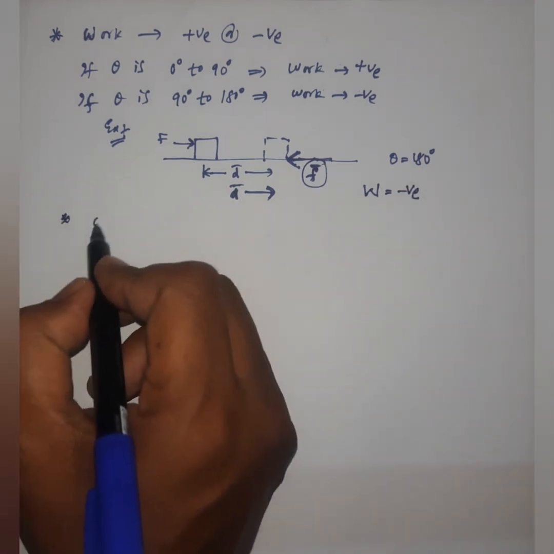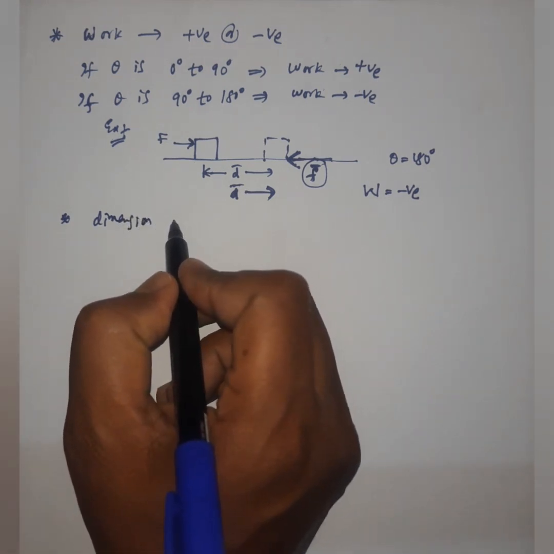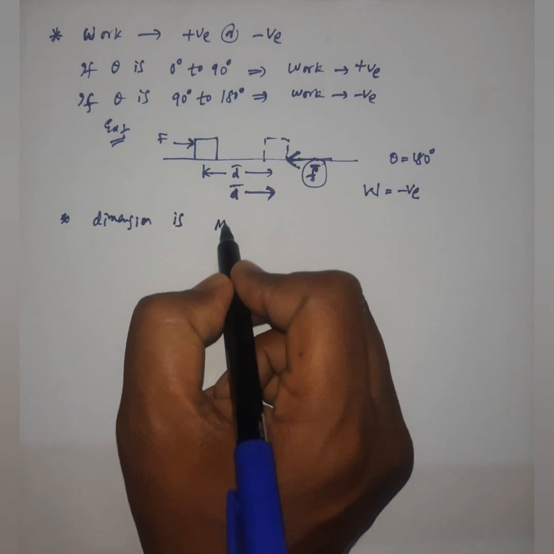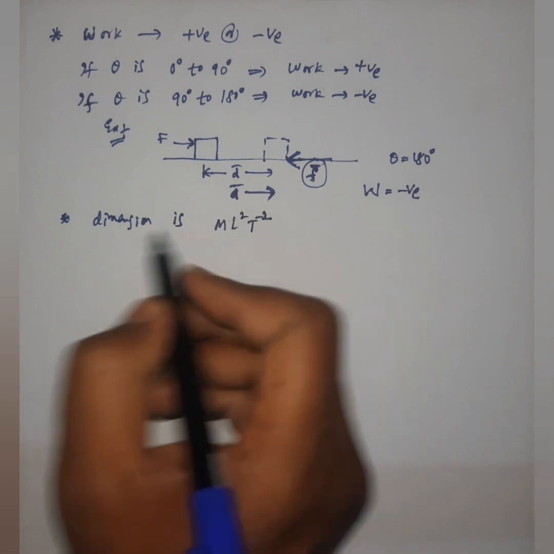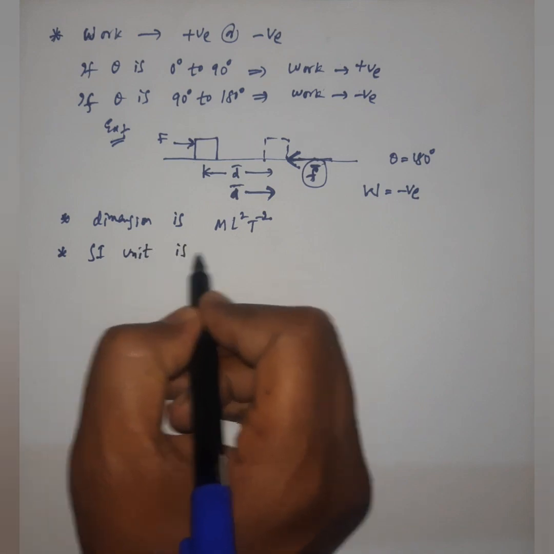The dimensional formula for work is M L squared T to the power of minus 2. The SI unit is joule.